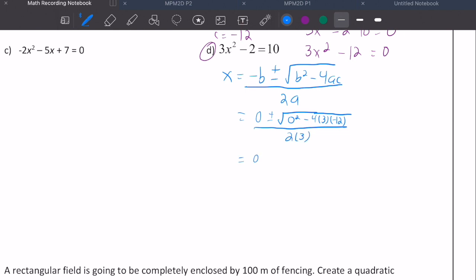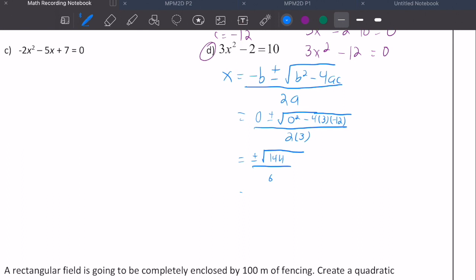So this gives us plus minus the square root of negative 4 times 3 times negative 12. This is going to give us positive 144, and this is all over 6.